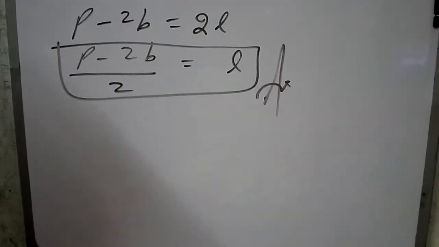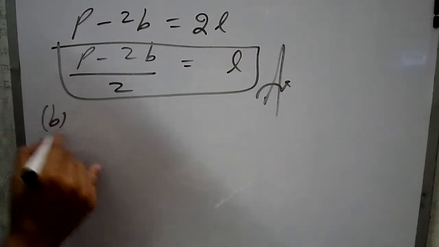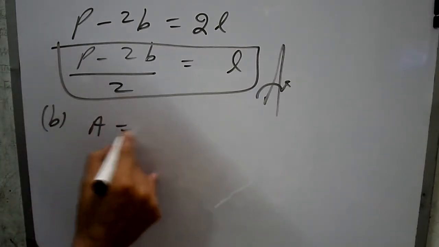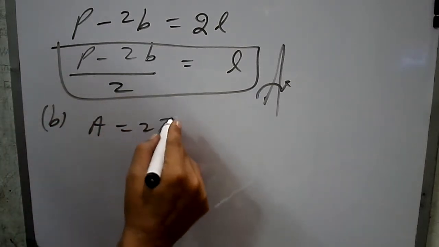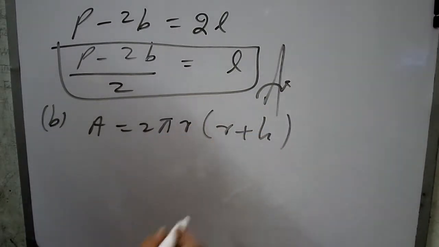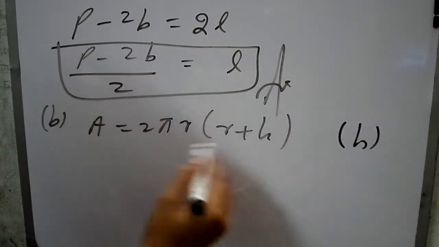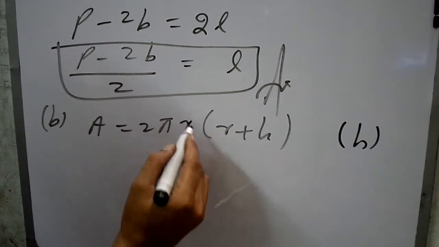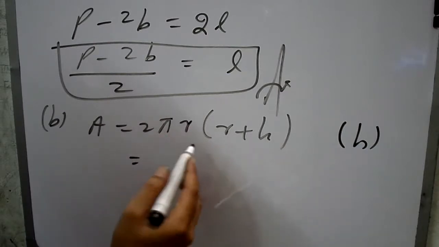Now coming to the B part, that is A is equal to 2 pi R into (R plus H). You need the value of H, because H is the subject, so multiply it.